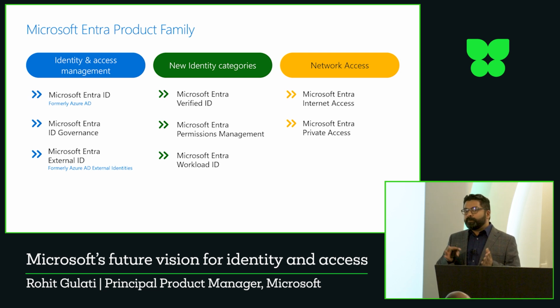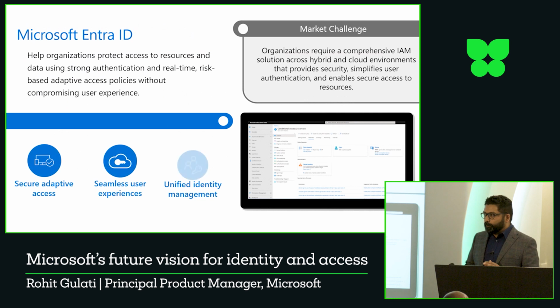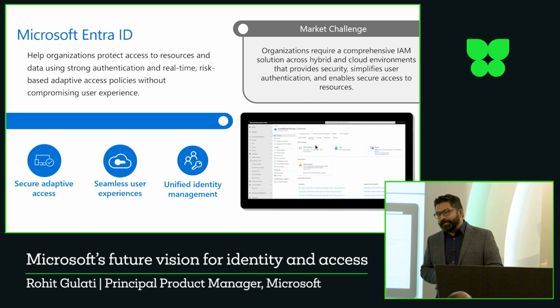And then a new category around network access, internet access and private access, which is Microsoft's security service edge offering. This is a new entrant in the Entra suite of products, and I'll talk about that. Some of you might have attended our July 11th event this year, where we announced this product at that launch date.